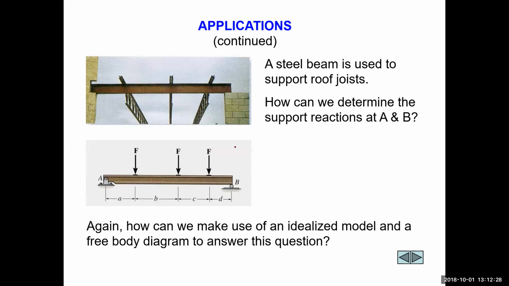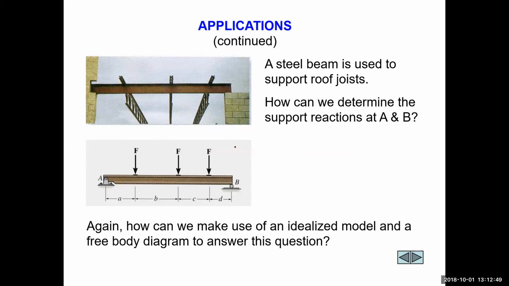Are there forces missing on this beam? Yeah, what forces are missing? What forces are not shown on that diagram that are acting on the beam? Normal forces? Where are those normal forces applied?